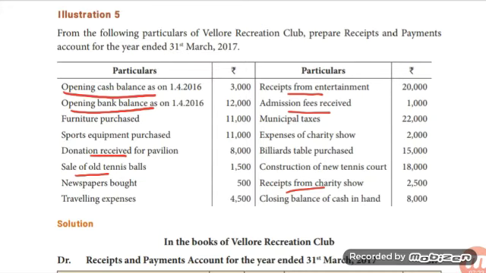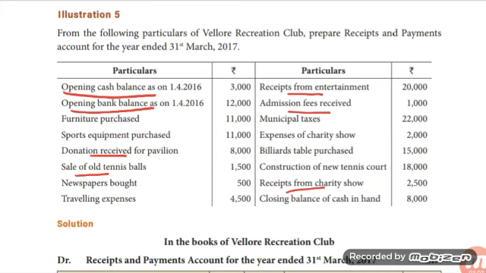By furniture purchased 11,000. By sports equipment purchased 11,000. Then by newspaper board 500. By travelling expenses 4,500. Then by municipal taxes 22,000. By expenses of charity show 2,000. By billiards table purchase 15,000.